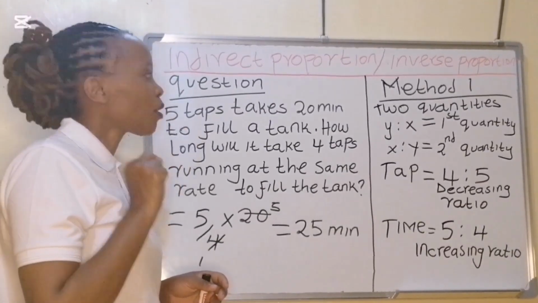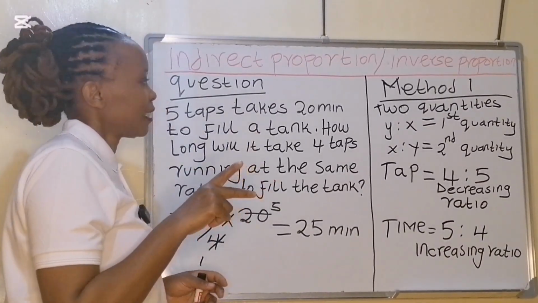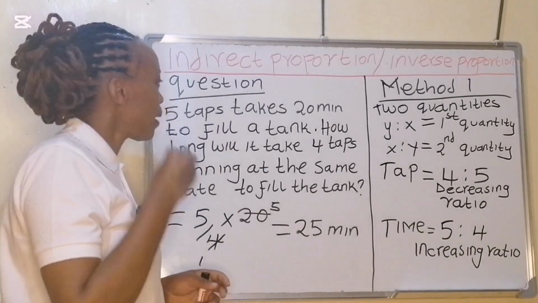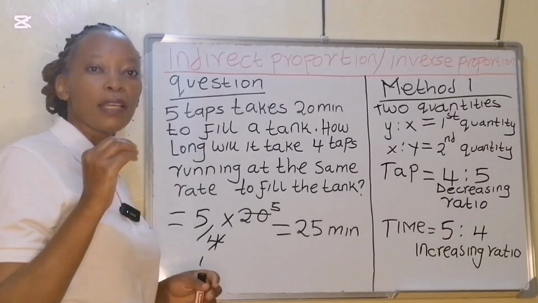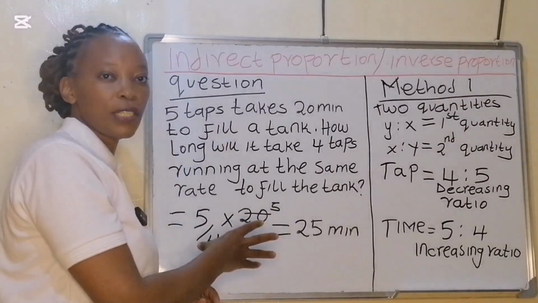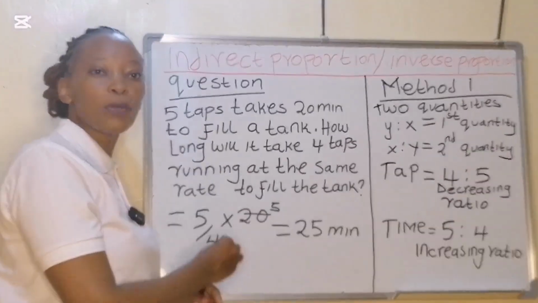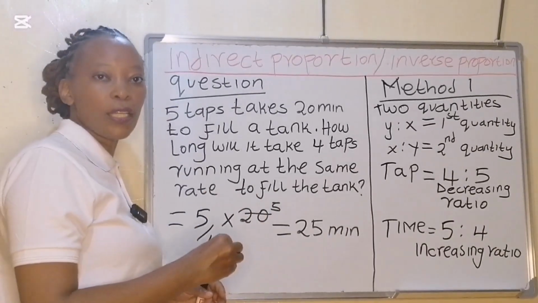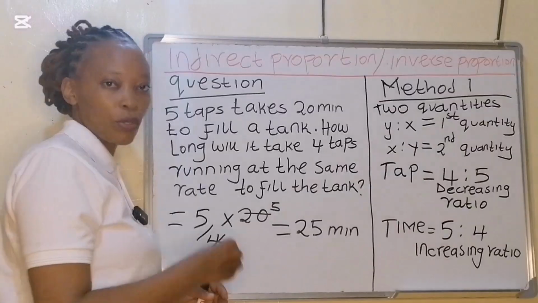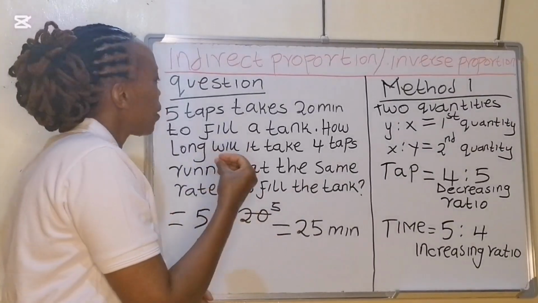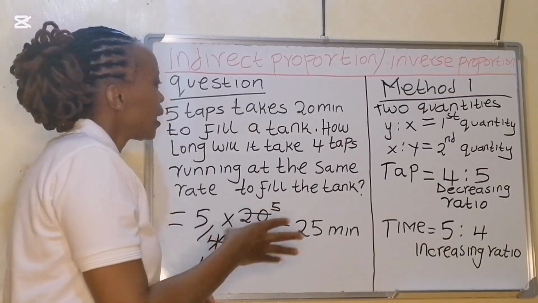These two questions, the examiner will always rotate there. The questions will come from there. I told you, in mathematics, it's not about cramming the question. If you cram the example I have given you here, it won't help you. It's about understanding. You may not find a question like this talking about tanks and taps, minutes.